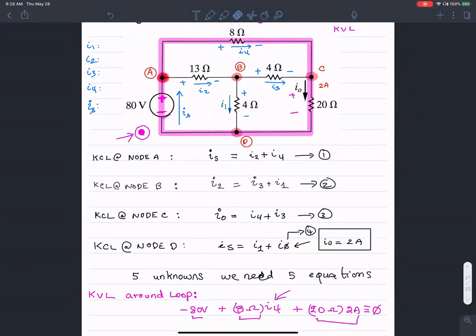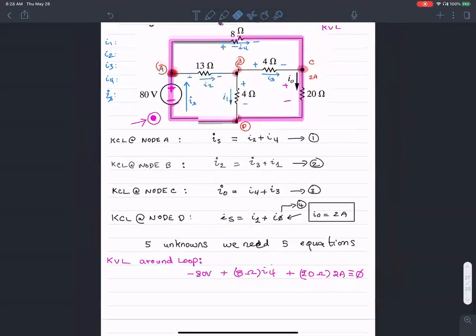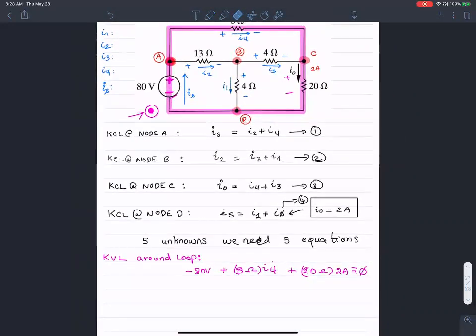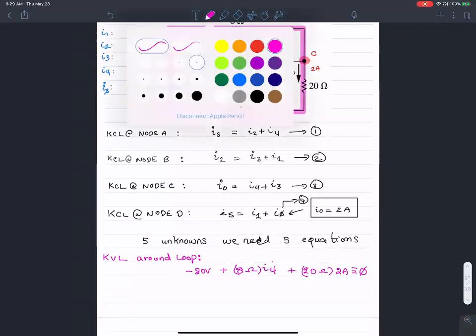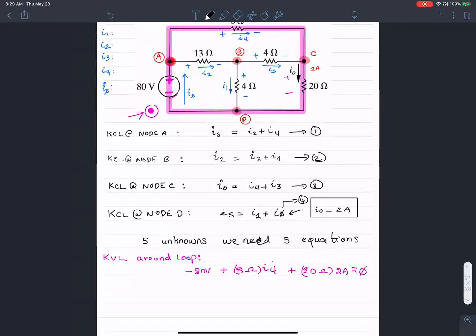Therefore I can simply solve for I4 in this loop. What's the value of I4 from here then? 8 times I4 should be 40, and I4 is 5 amperes.